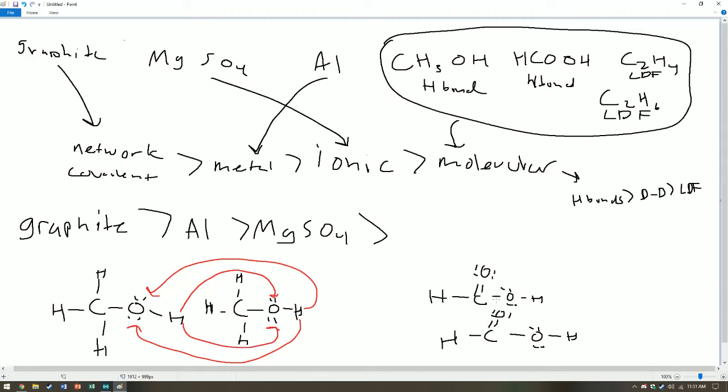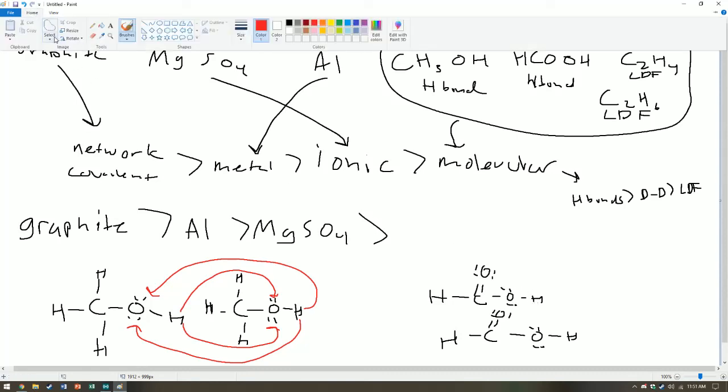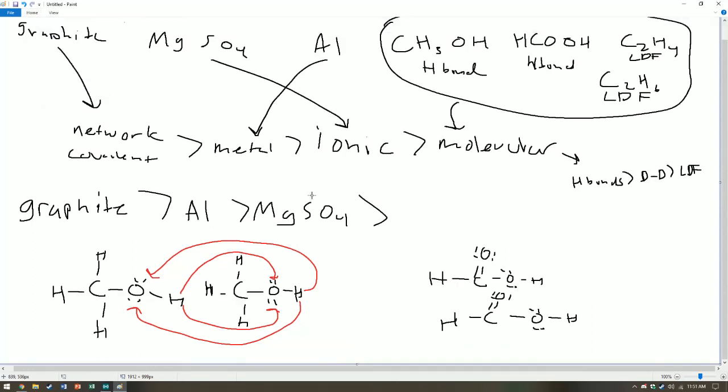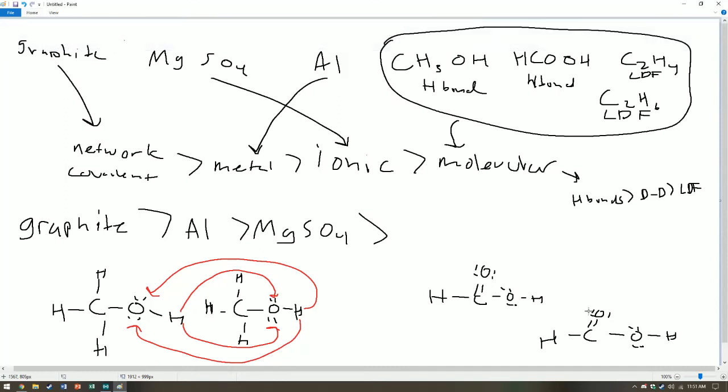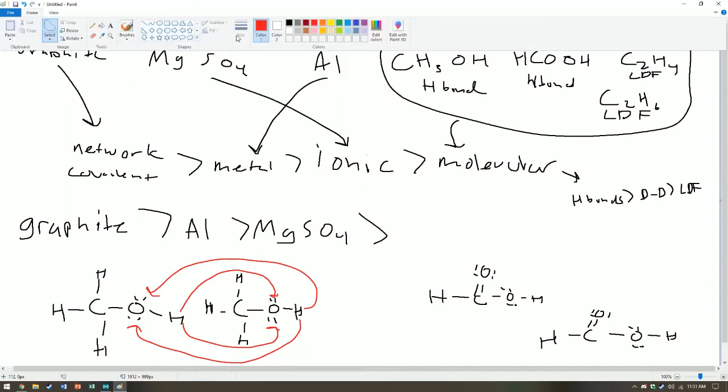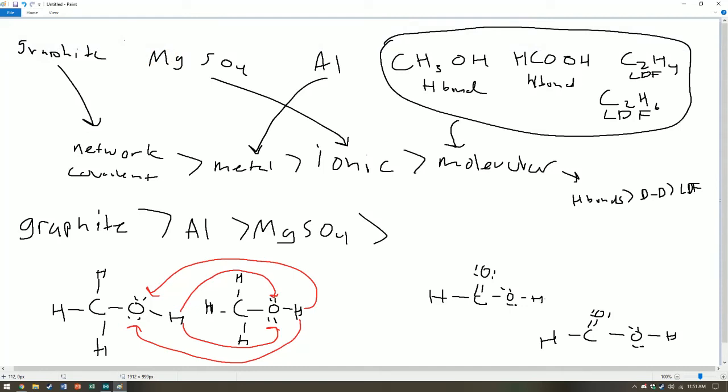But with the carboxylic acid, let me move this a little bit so it's a little bit clearer to manipulate, such that it's easier for me to show you what I want to show you. This hydrogen here can partake in hydrogen bonding, so it can go here or here, like we showed, or it can go here or here.